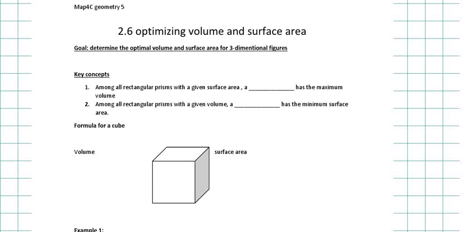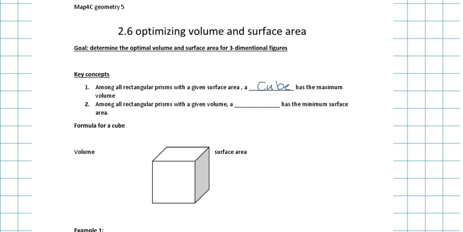Okay? So among all rectangular prisms, this is only when we have rectangular prisms, right? There's other shapes, but we don't do them in this course. Among all rectangular prisms with a given surface area, a cube has the maximum volume.